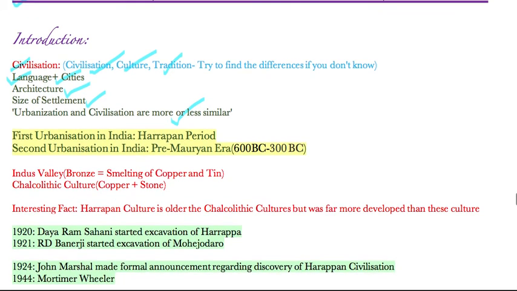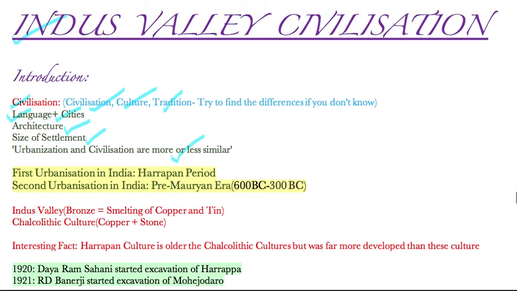Then see, the Indus Valley Civilization was called the first urbanization. The very first urbanization in India happened during the Harappan period. But the second urbanization, which was also very important, started after a long gap of time, during the pre-Mauryan era, from 600 BC to 300 BC, when Janapadas and Mahajanapadas came into existence.